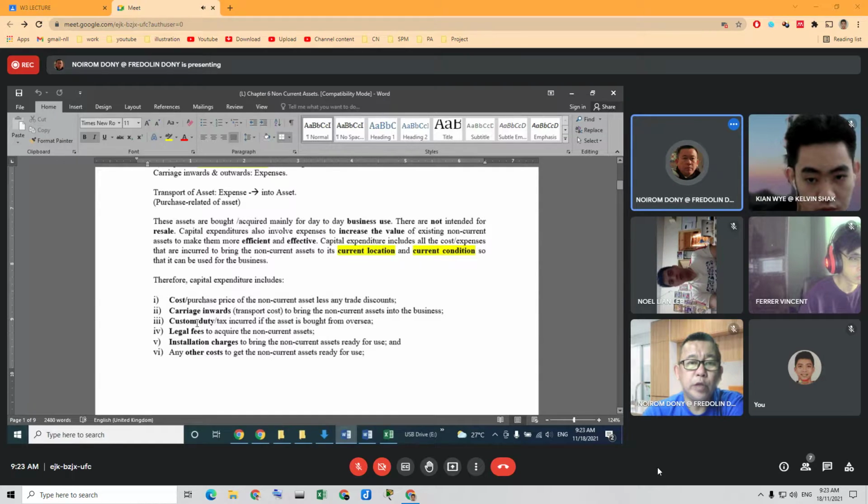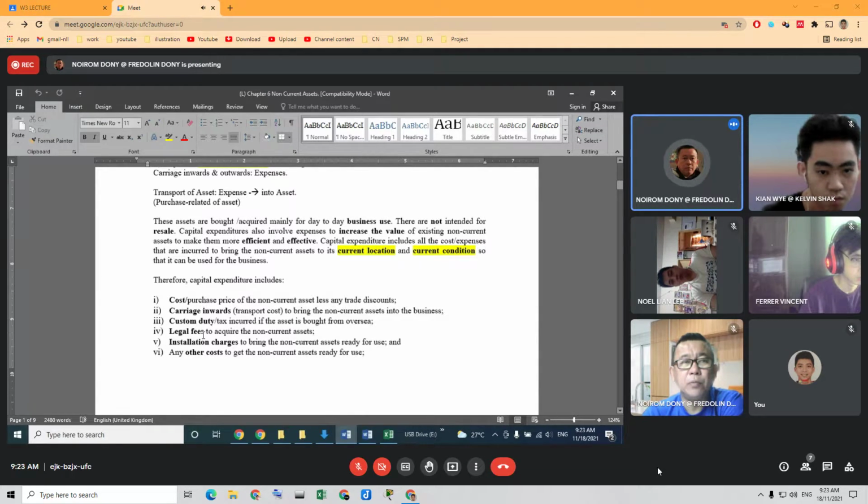So we need to pay the custom duty. This is incurred if the asset is bought from overseas. And then probably when you buy this machinery, you have to sign the sales and purchase agreement. So you need to pay the legal fees.